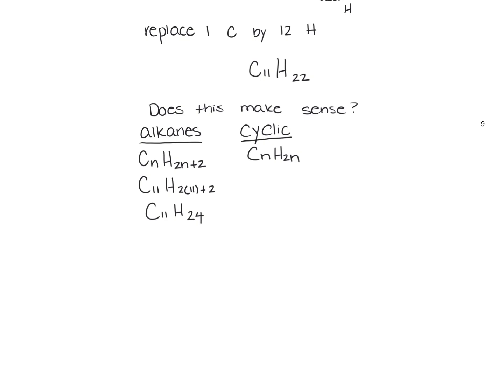When we look at this, right, we say, okay, there's C11H2 times 11, which means this is C11H22. So what we find is that this is the max number of hydrogens that a molecule with 11 carbons can have, okay?